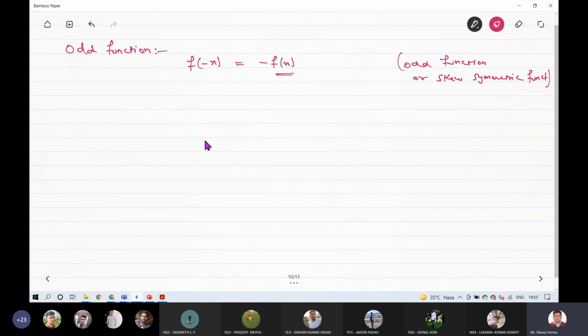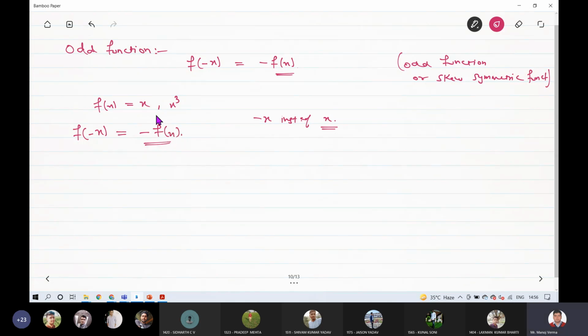In this case, let's take an example of an odd function. The simplest odd function is f(x) equal to x. x is odd, x cube is odd, and all the odd powers. If you insert minus x instead of x, then f of minus x will become minus f(x).